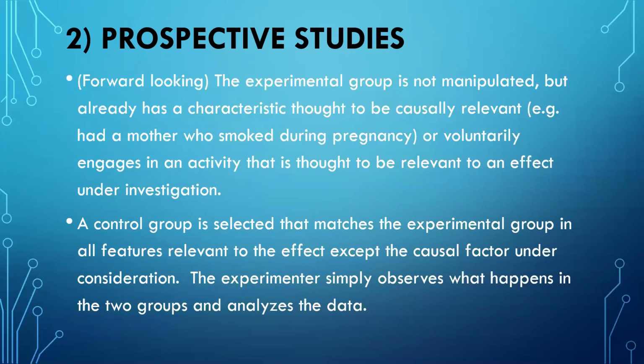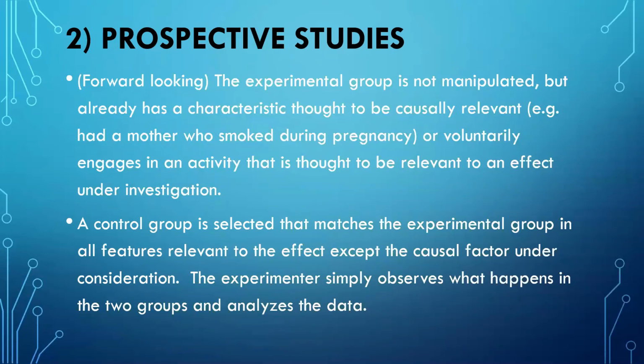The control group then is going to be selected that matches the experimental group in all the features relevant to the effect, except for the causal factor under consideration. So you want again, the same ages, race, socioeconomic status, all of those things you want to keep the same, except for the causal effect under consideration.